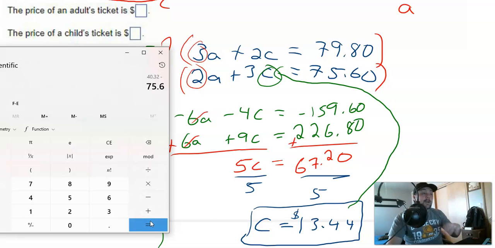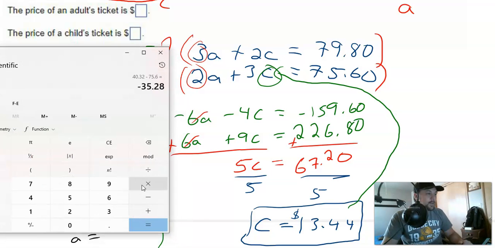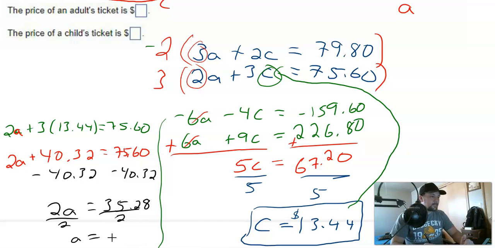So it's going to give me the right number, but it'll be the wrong sign. So it's going to be 35.28, right? I'm just going to drop the negative sign since I subtracted it backwards. 35.28 is equal to 2a. We divide by 2 on both sides, and we get a is equal to 17.64. So $17.64 for an adult's ticket.